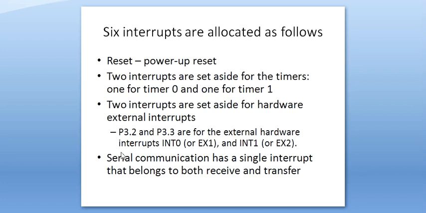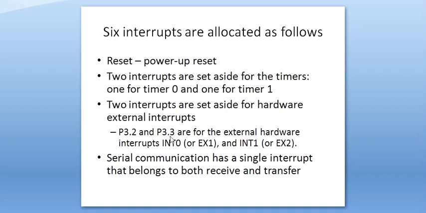Next, there are 6 interrupts, and we are going to see them one by one. The first one is reset or power-on reset. This is the first interrupt, where on power up the microcontroller is going to reset. Then two interrupts are at the side of the timers, that is timer 0 and timer 1. Then two interrupts are hardware interrupts, at P3.2 and P3.3.